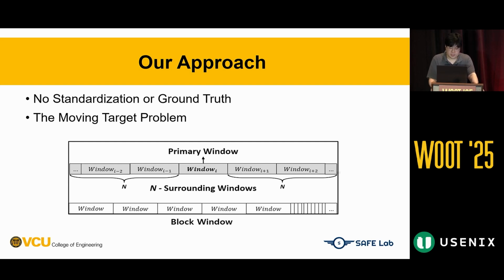And for the other challenges, how do we tackle the fundamental challenge? How can you analyze PLC memory when there is no standard layout, no ground truth, and our target data can move every time a program is downloaded? So we stopped looking at the fixed location. We focused on inherent characteristics of those metadata and the code data. Something like, if you're looking for a person, then we are not looking for the physical location of the person.